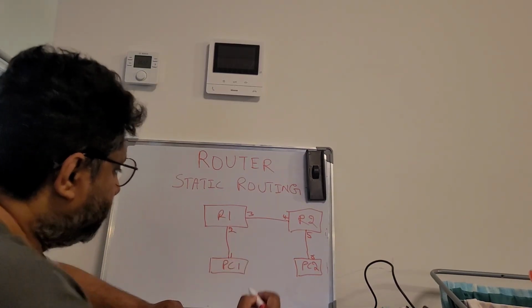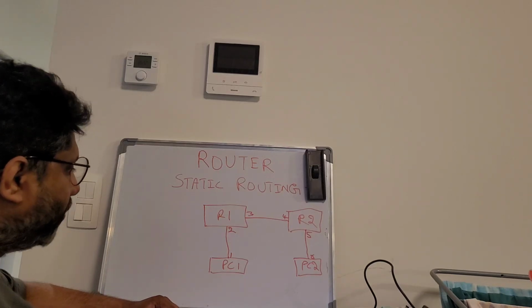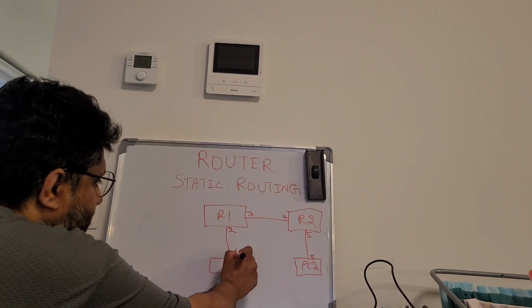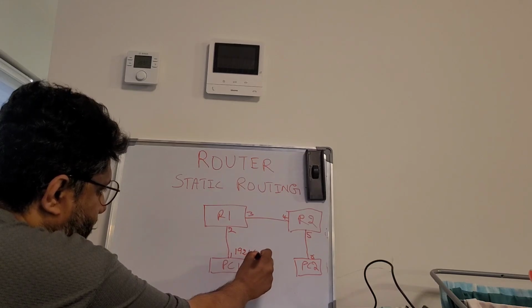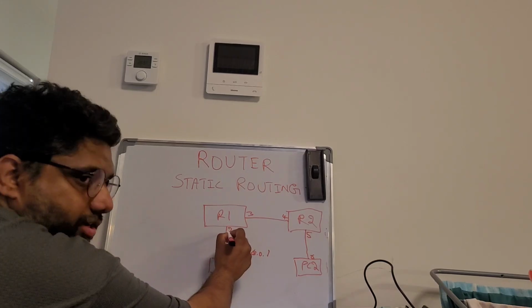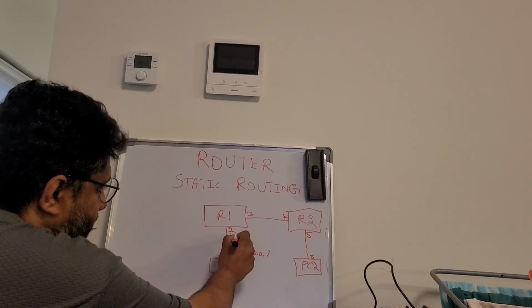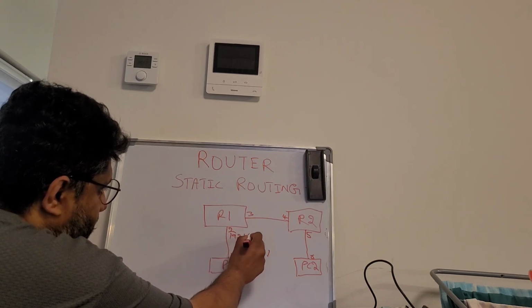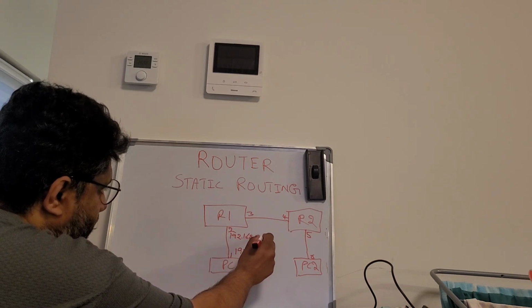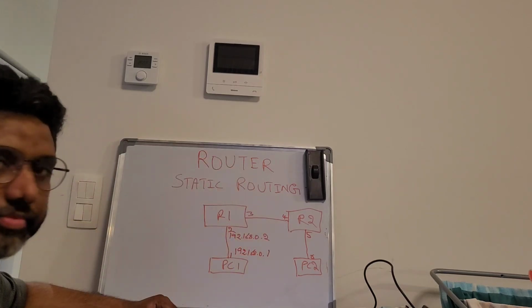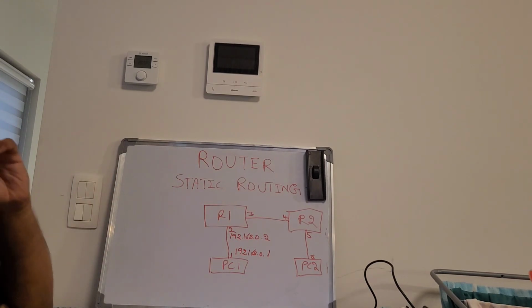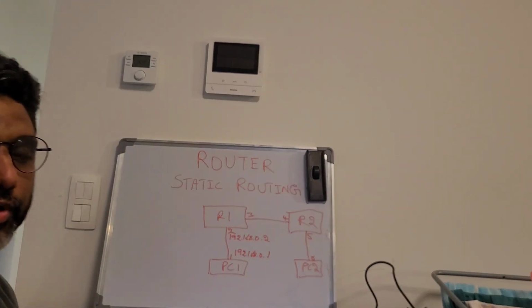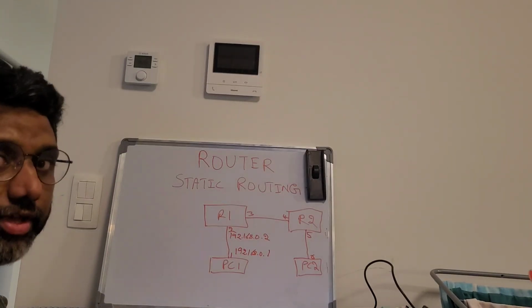So let's suppose PC1's IP address is 192.168.0.1, and the second interface is 192.168.0.2. Whether PC1 is a Linux PC or Windows PC, you can easily configure an address manually.